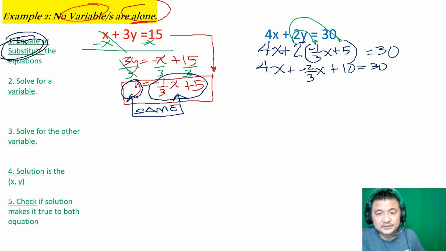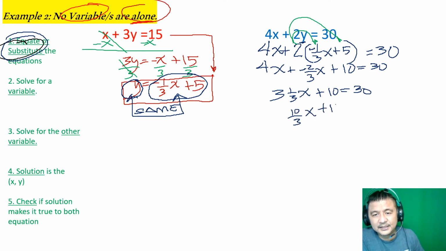That's going to be 3 and 1/3 x plus 10 equals 30. You can change that to an improper fraction. That becomes 10 over 3 x plus 10 equals 30. Get rid of this plus 10: minus 10 for you, minus 10 for you. That cancels out. 10 over 3 x is equal to 20.